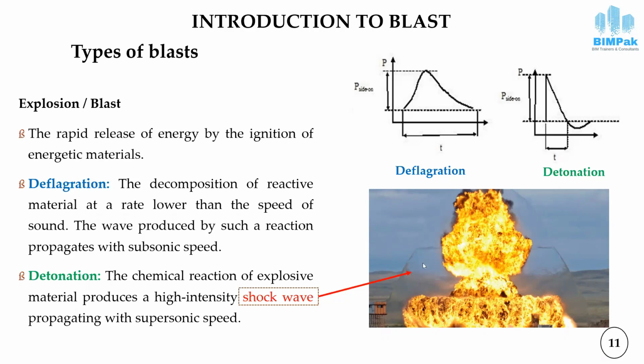This is basically the shock wave, and its speed is many times that of sound. The pressure-time history of detonation is different from that of deflagration, in which we can see an abrupt increase in pressure, and at the same time we can see the negative phase duration of the shock wave.